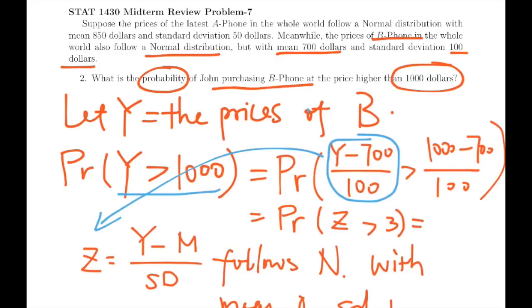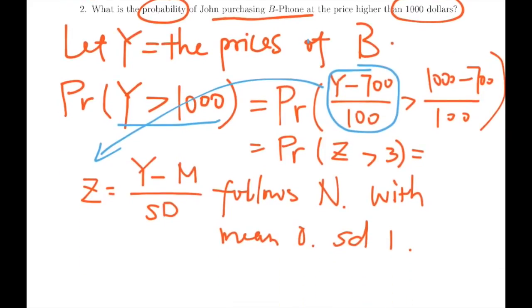At this stage, we just need to find the probability of z greater than 3. If you look at the table or use a calculator, we can see the probability of z greater than 3 is equal to 0.001. That means if John purchased a B phone, the probability of the price being higher than $1,000 is only 0.001.